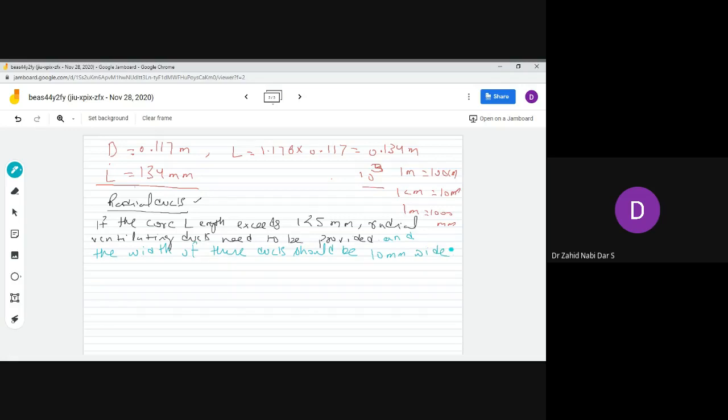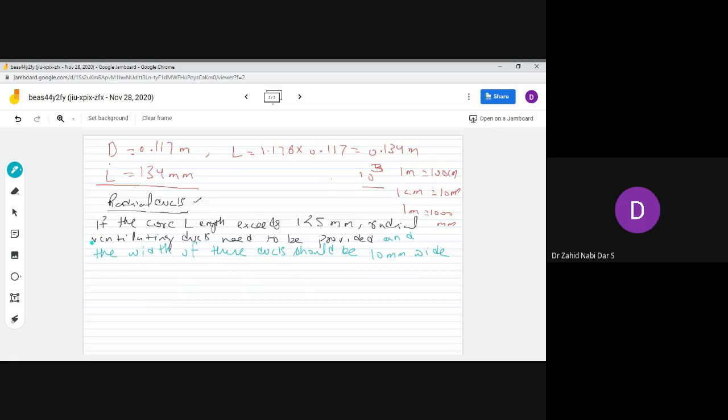So this we came to know. Now we just saw the length of the core is 134. If it is above 125, to 134, 9 mm is there, and 9 mm is almost equal to 10 mm. So therefore, one radial ventilating duct 10 millimeter wide is sufficient.